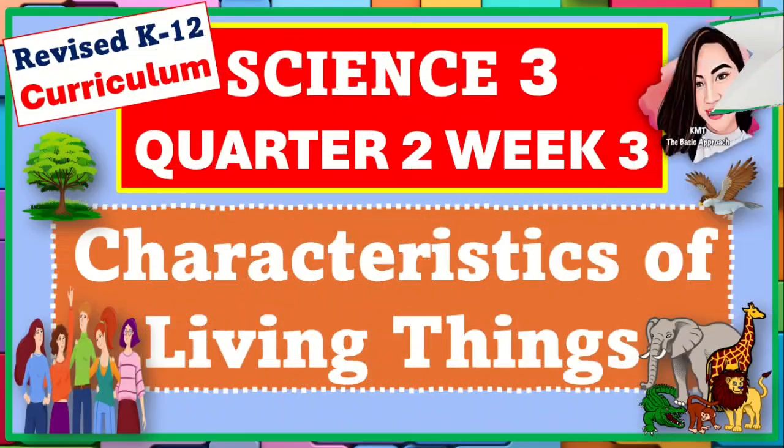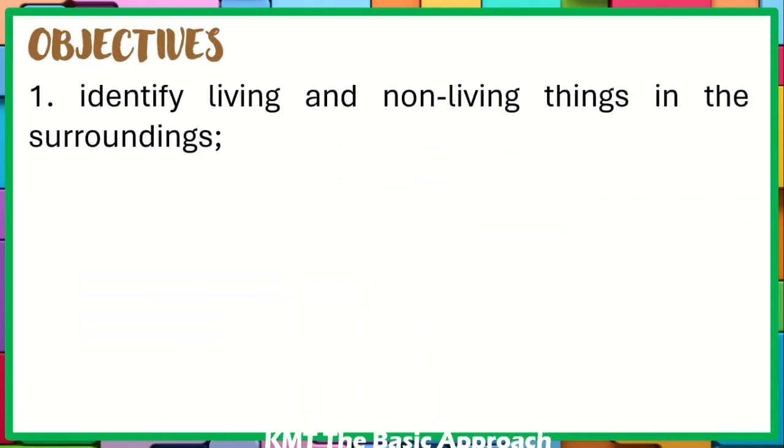Today, we will learn about characteristics of living things. Day 1. Objectives. Number 1. Identify living and non-living things in the surroundings.